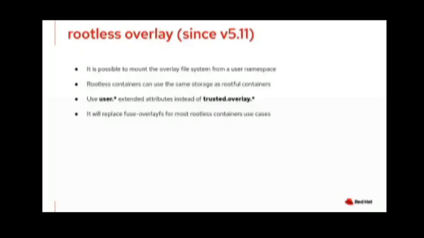It really works wonderfully. The problem with it is it's running in user space. Sometimes people compare Docker running as root to Podman running rootless, and they say Docker runs much faster, and really they're comparing apples and oranges, because Docker is using the host overlay file system whereas Podman is using Fuse overlay.